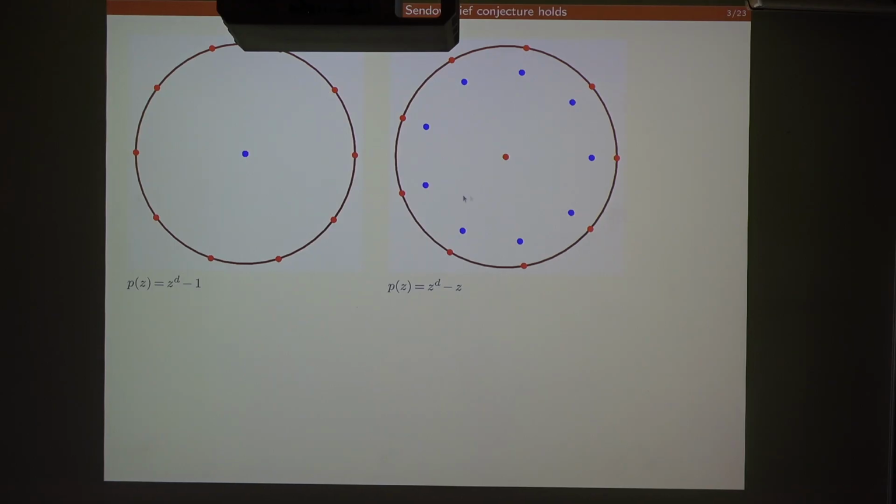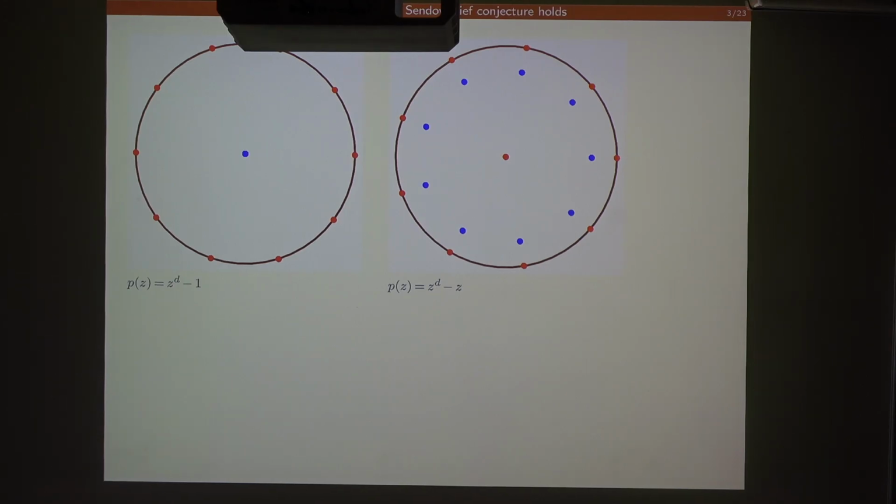Also, when the polynomial is z^d minus z, you have the roots in red and the roots of the derivative in blue.